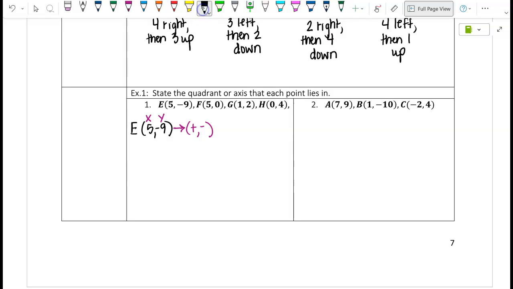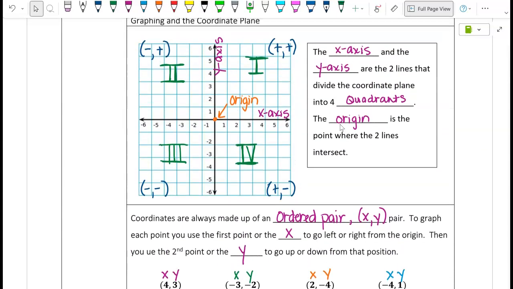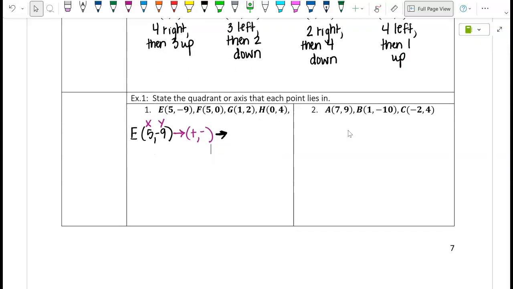So which quadrant do the points have a plus, minus? We go back up to our graph. Which of those ordered pairs show a plus, minus? Quadrant 4, that lower right-hand quadrant. And I'm just going to put Q for quadrant, so quadrant 4.